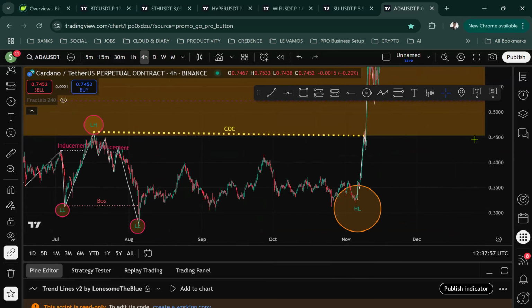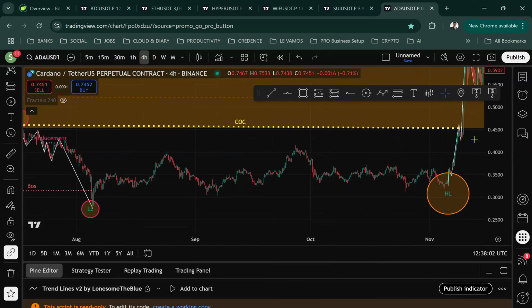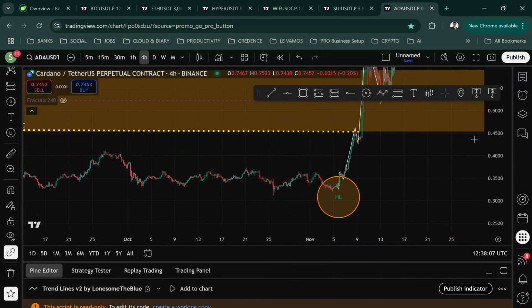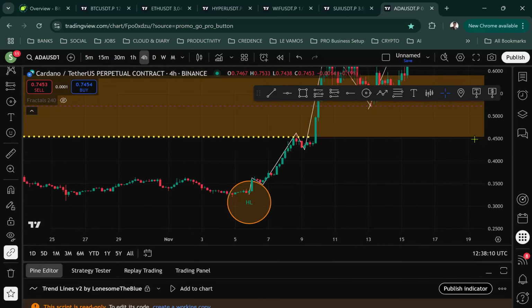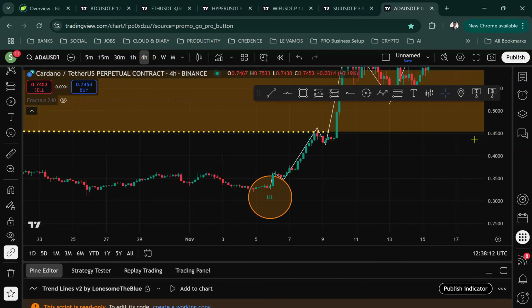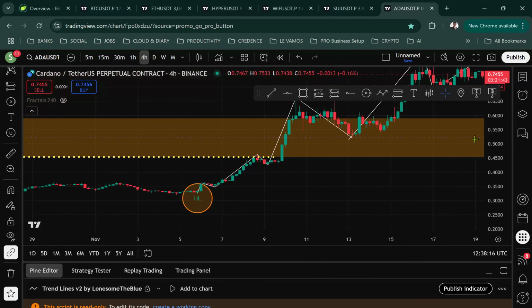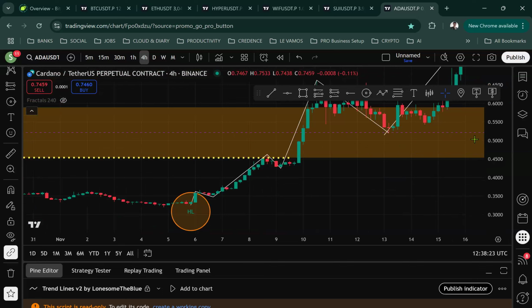It broke here. It broke here. Correct? It broke here.